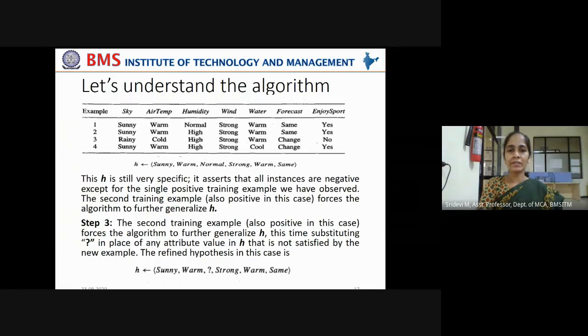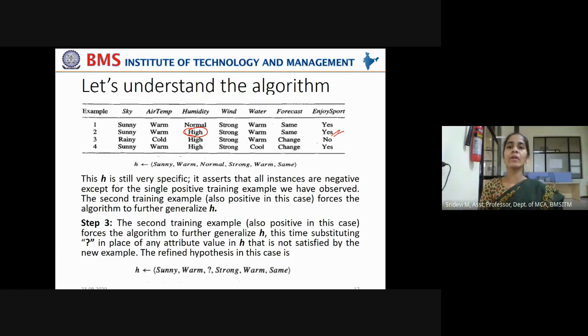Now it comes across the second instance: sunny, warm, strong, warm, same. All the attribute values are the same, but the humidity value is varying. Did you notice? It is another instance where the humidity is changing and all other attributes are okay, and the label is also yes.